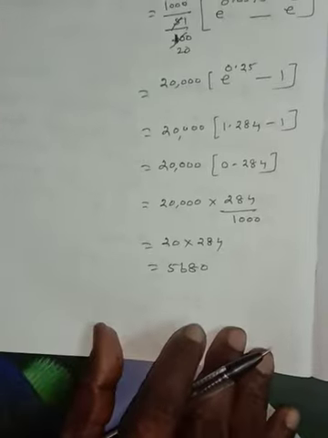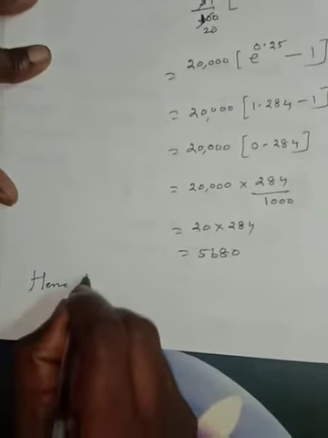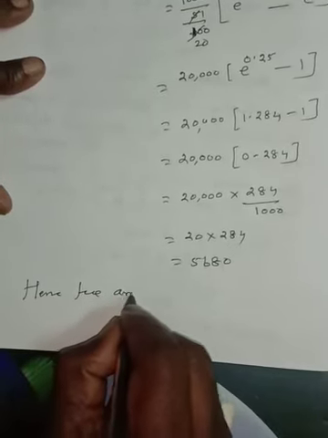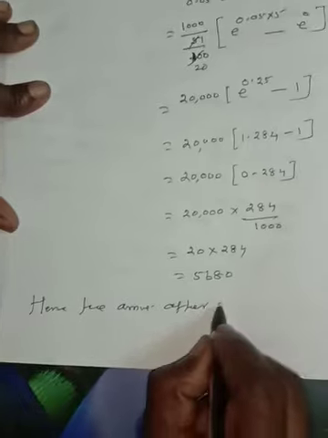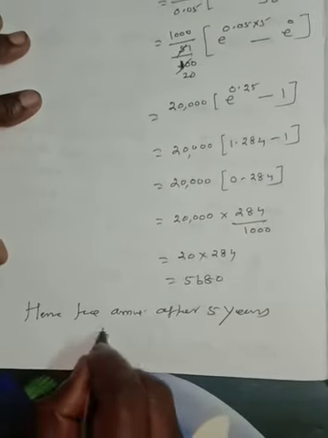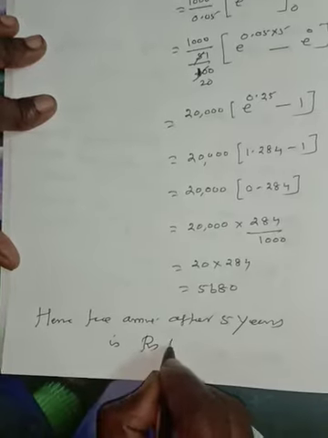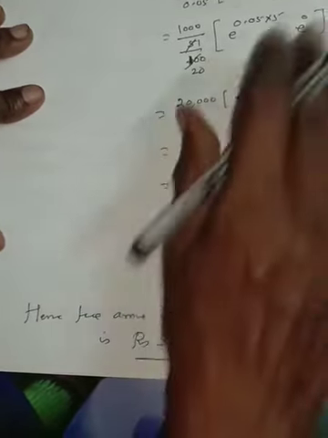5860. The amount after 5 years is rupees 5,680.